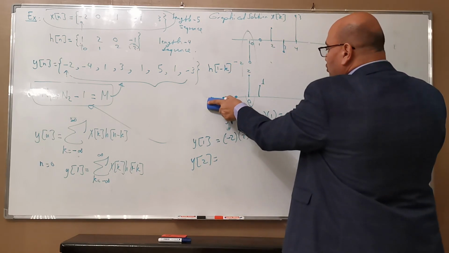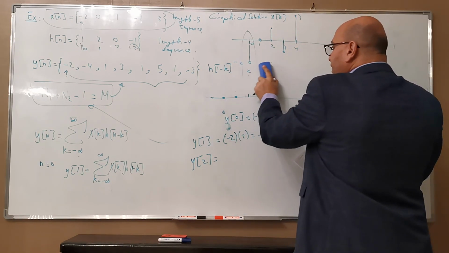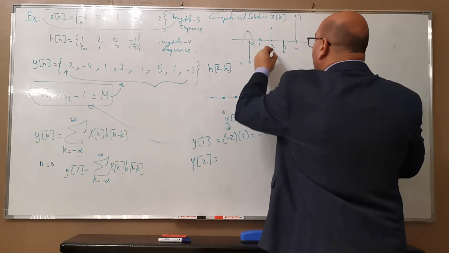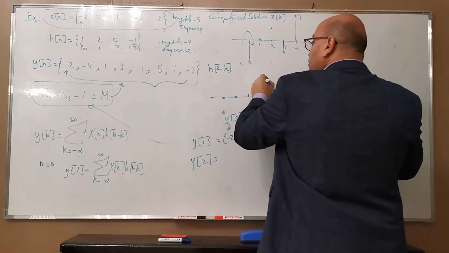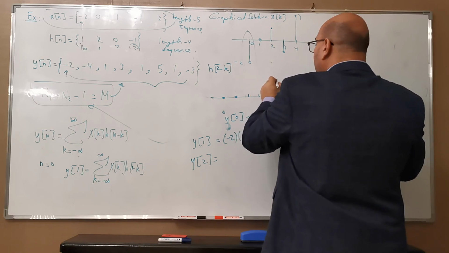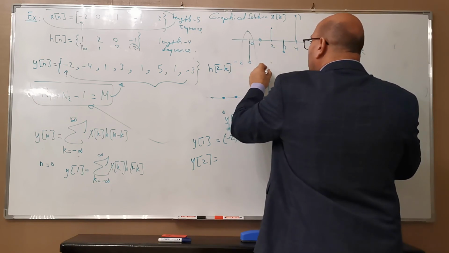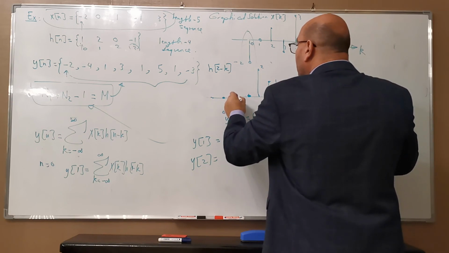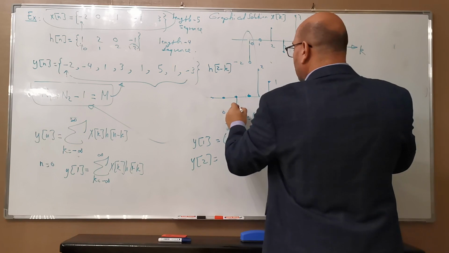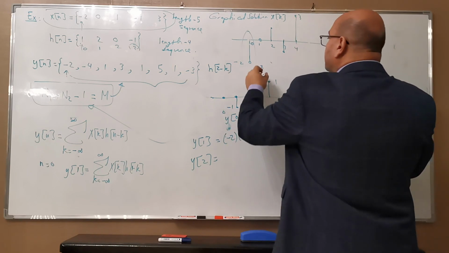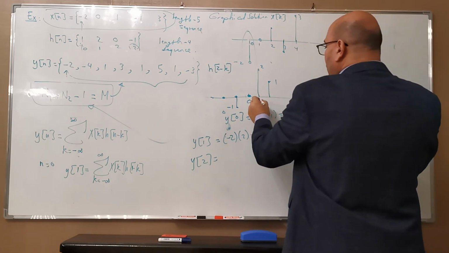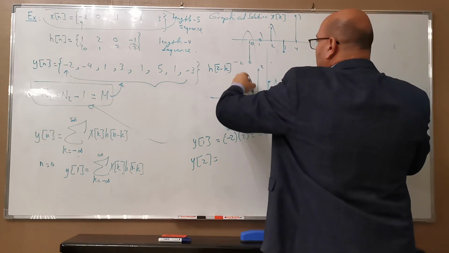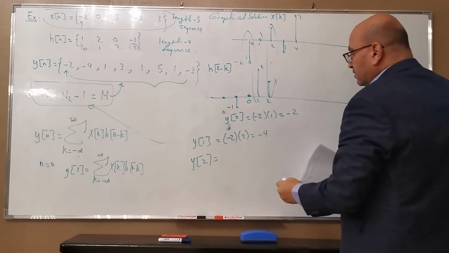then we have to shift this signal by 2. So h of 2 minus k. So we'll go by the signal 1, 2, and 0, and -1. Multiplication of this one times this one, plus this one times this one, plus the third one.